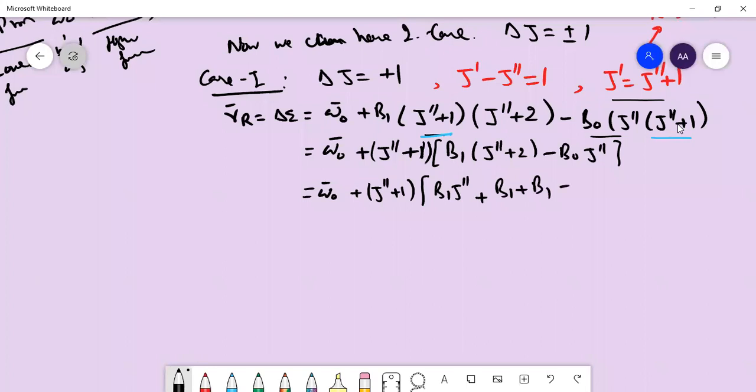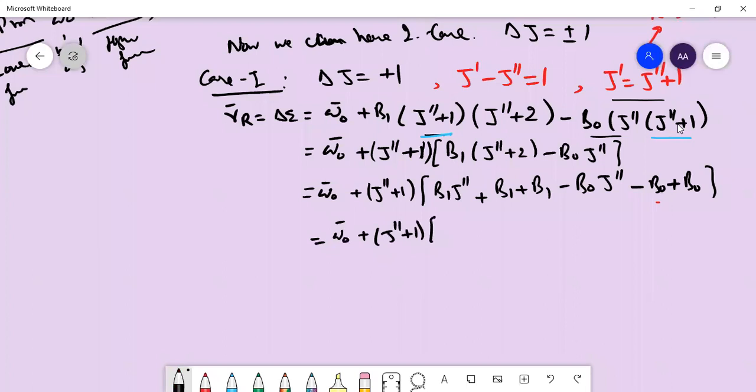And I have this B0 J double dash. What I will do is add here a 2B0 term. In this way, one is B0 minus B0 plus B0. So this minus B and plus B cancel each other and it will not affect our equation much. So further solving this equation, I can write omega naught bar as such, then J double dash plus 1.